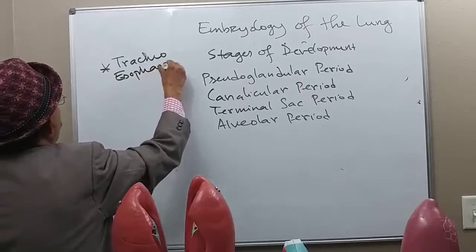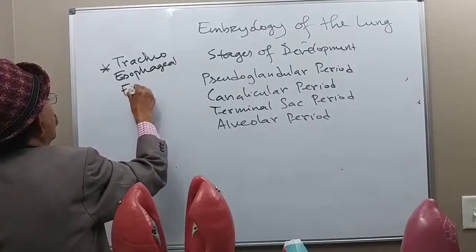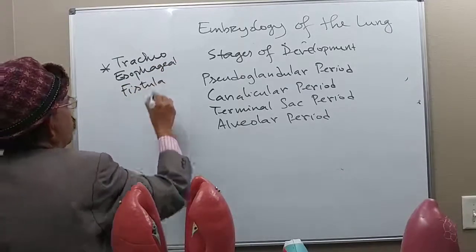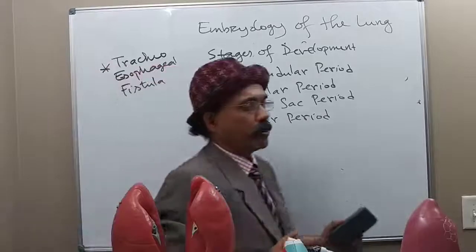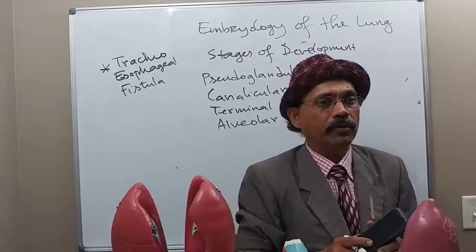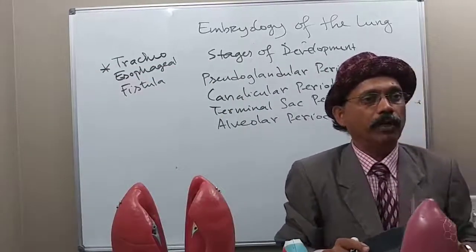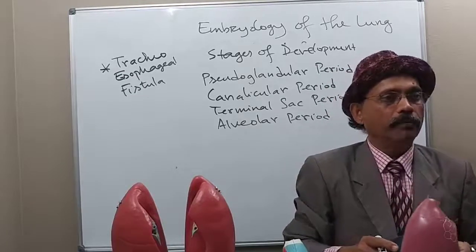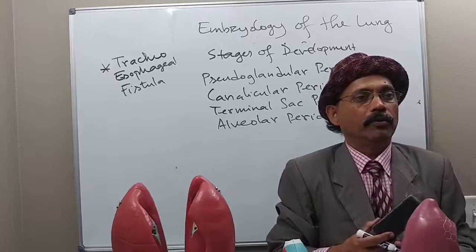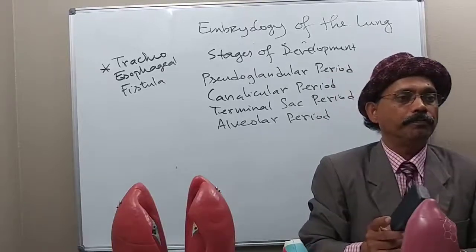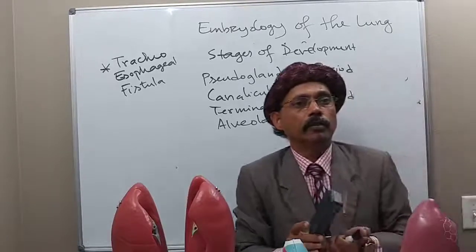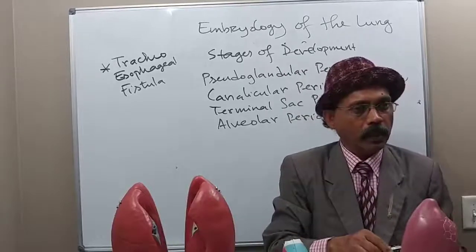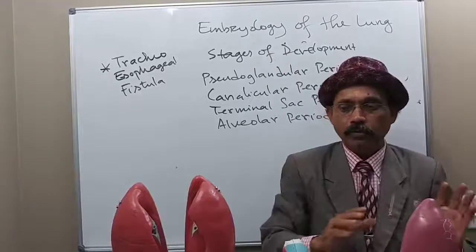This may happen because the septum separating the respiratory passage from the GI passage may not develop properly. So we may have that problem. So we got the lung, a little bit of embryology.